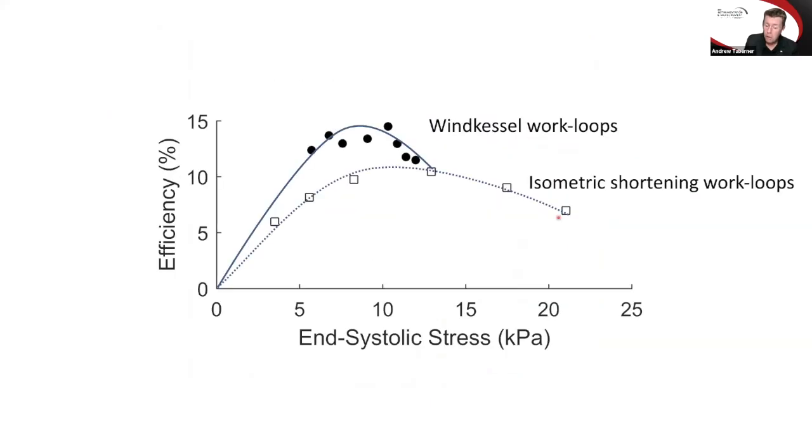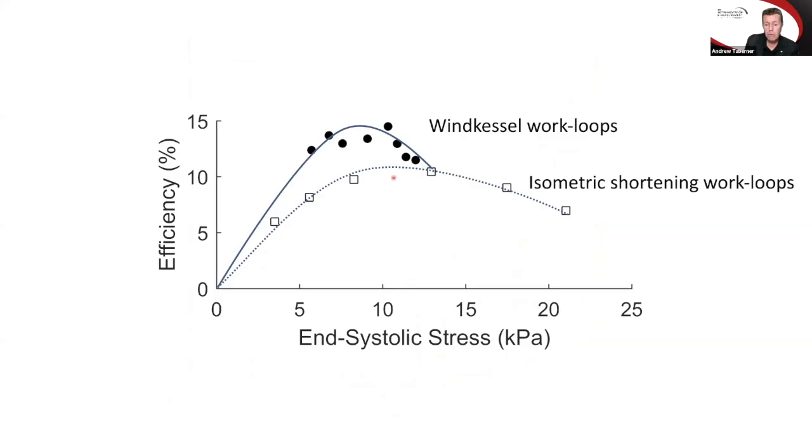So when we load the heart with a more realistic form of loading, we find that we actually squeeze a little more energy efficiency out of it, because we are now getting closer to the type of load that the heart actually experiences in vivo. And so it is more optimized, one might say, for these sorts of conditions.